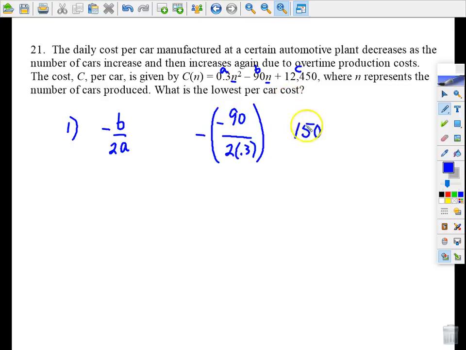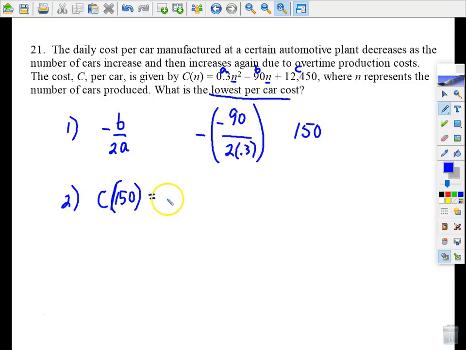Now that we know what n is, we're basically going to evaluate this function. Remember how to find the value of an input? We're saying if 150 is the input of this function, what is the output? And the output will give us the answer to the question, what is the cost?